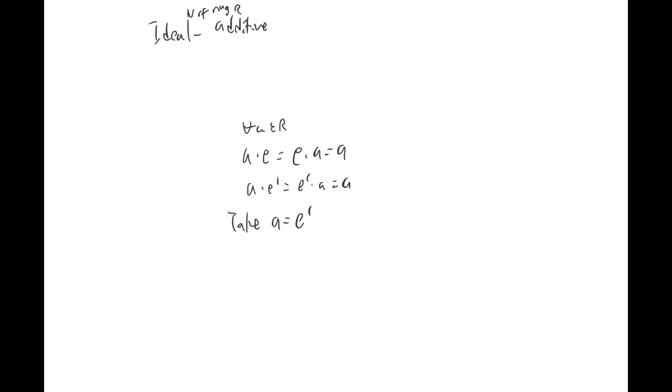So on one hand, E prime times E is E prime. On the other hand, since the other one's the identity, this is also E. And then you're done. This thing is because E is identity, and this thing is because E prime is identity.